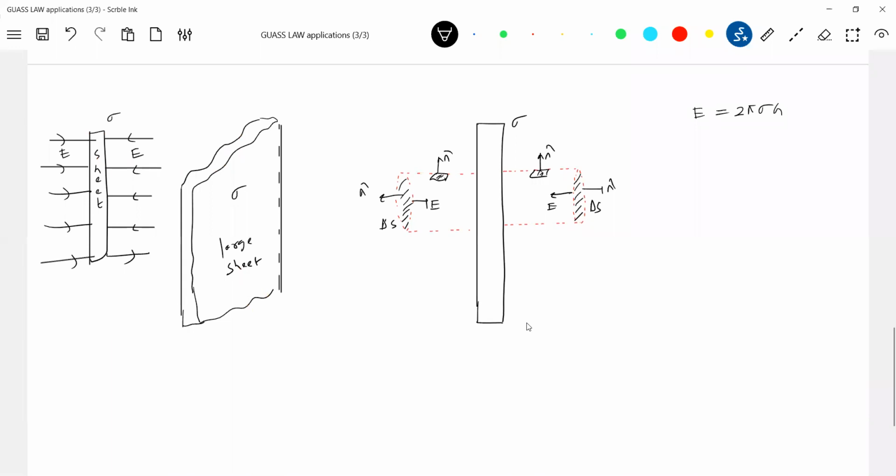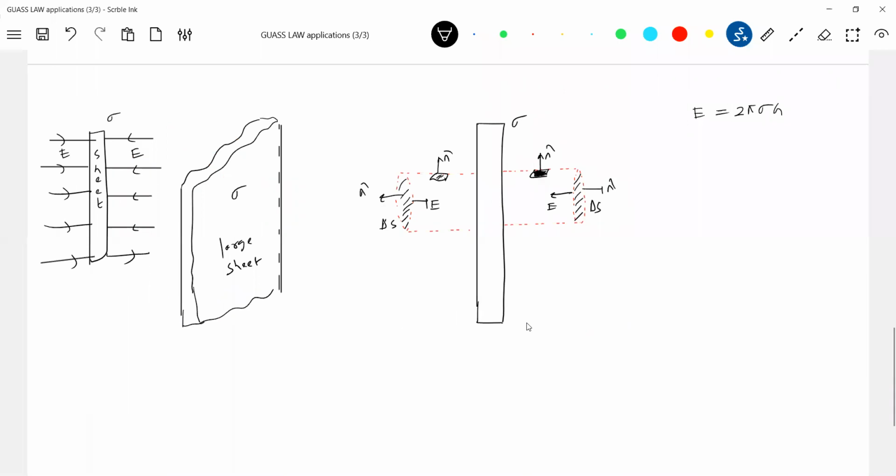Let's come to this one. What about the cylinder? Shall I say only the shaded part will contribute to E bar? E bar dot delta s will be non-zero only there. What about here? E bar and n cap for this surface. For this surface, what is the value of E bar dot ds?